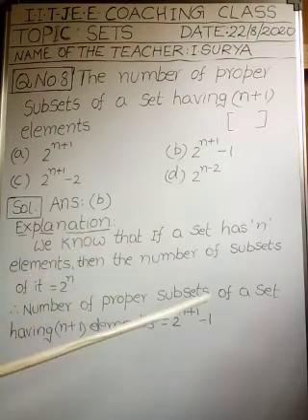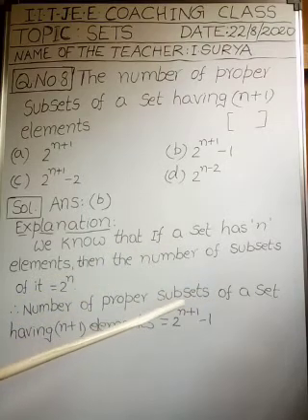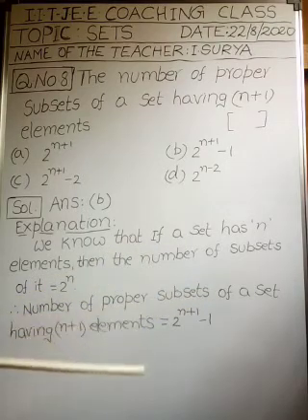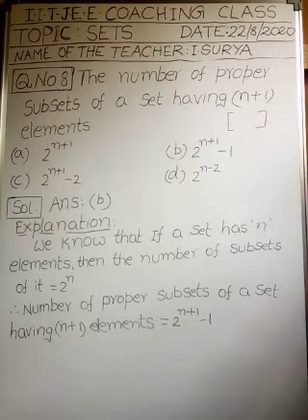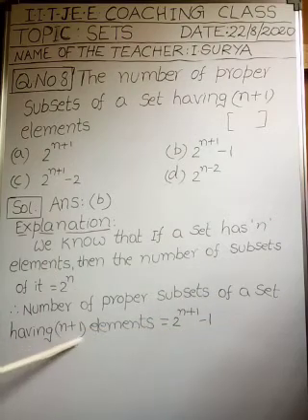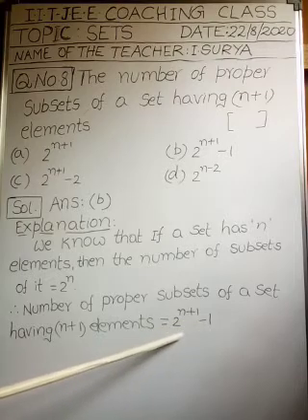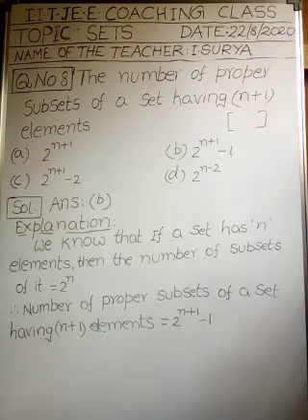We have to exclude one set. The set itself should not be considered as a proper subset. Therefore, the number of proper subsets of a set having n plus 1 elements is equal to 2 power n plus 1 minus 1. Understood this point, my dear children? Right.